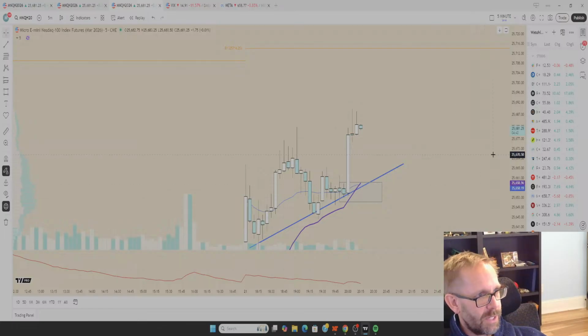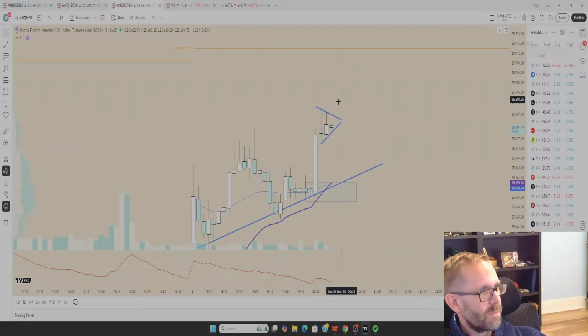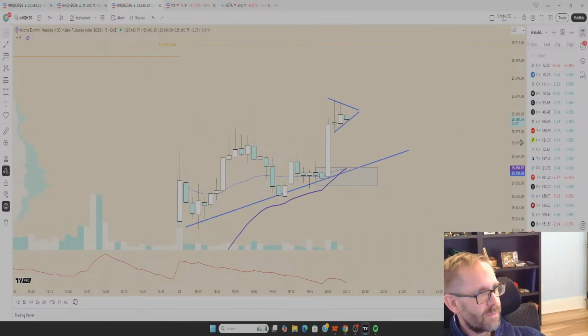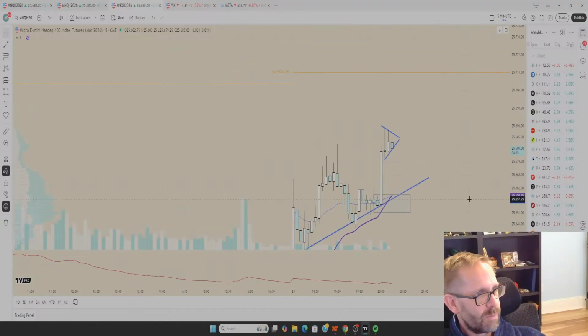At the same time, if it can get out of this, do we have a little triangle forming right here? We can get out of this little triangle and to the upside, maybe it can reach this pivot point. So let's see what happens.